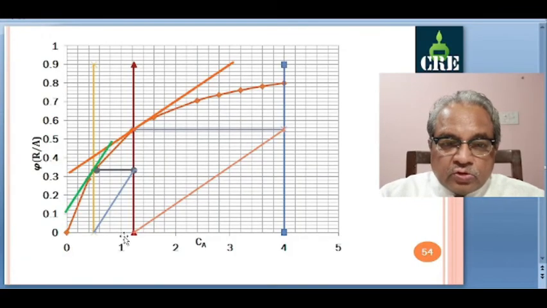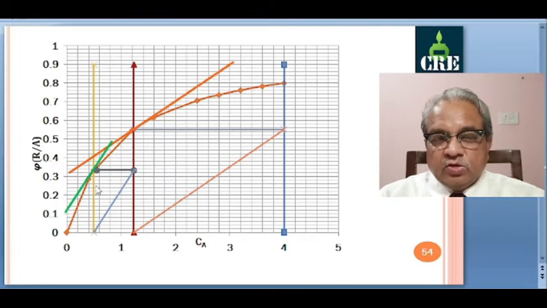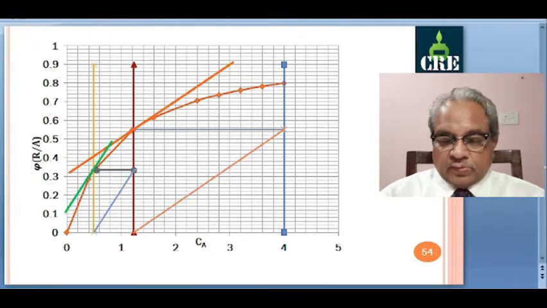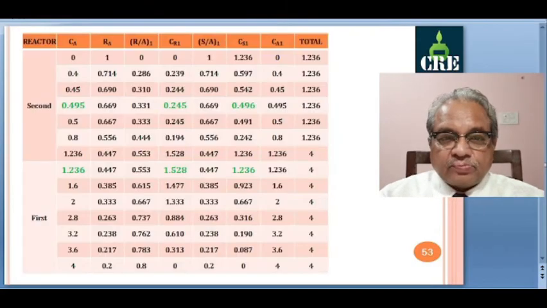0.495. So you can see this is 0.2, 0.4, 0.6, 0.8. So here somewhere we have 0.5 and just somewhat less than that. So these 2 points are located here for CR max.